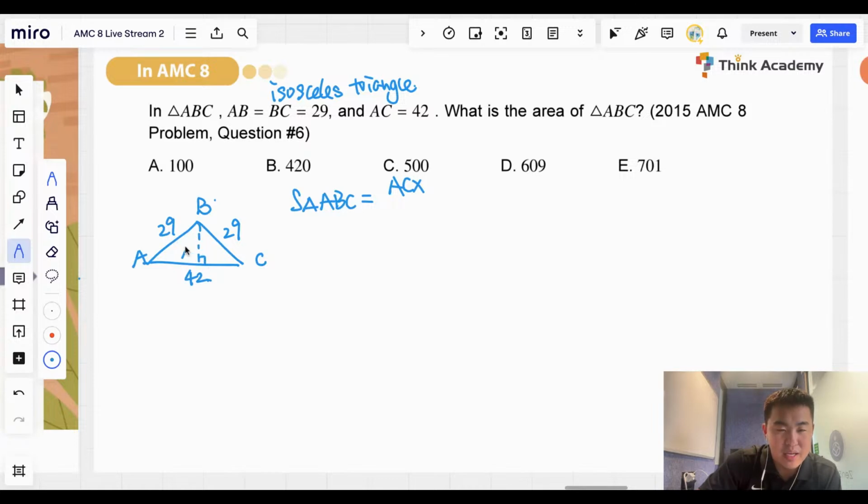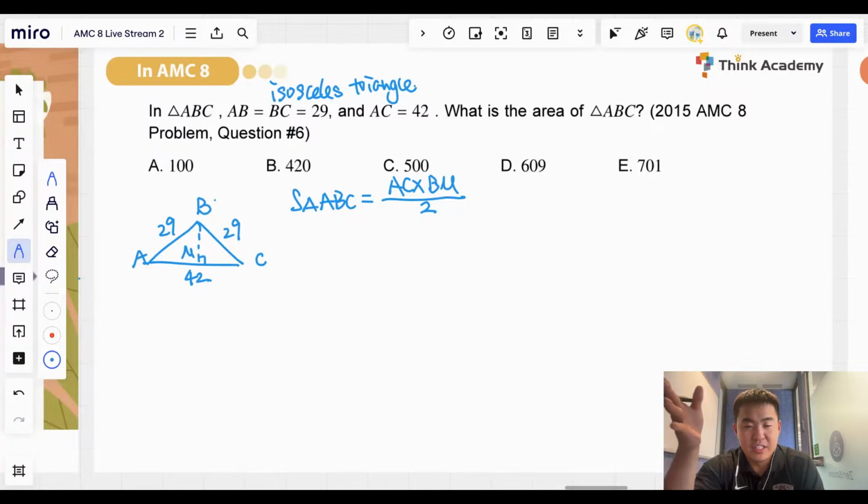Since it's perpendicular, point M is on the line segment AC, and BM is now our height. Then most importantly, the denominator divided by 2. Now, we know AC, we know 2, but we do not know the value for BM. We need to solve for that.